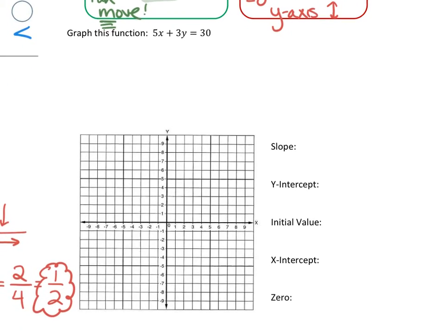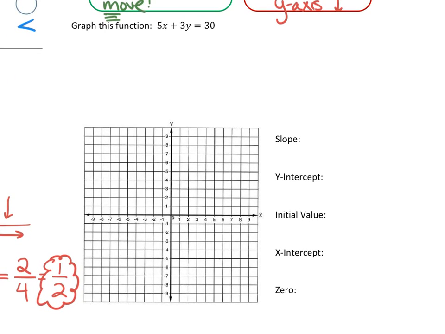Last example problem for today, we're going to graph this function. The first thing I want to know is, can I, right now, the way this is written, graph 5x plus 3y equals 30 with the skills you have? Well, we've been practicing graphing in slope-intercept form, which means we're going to need to solve this for y. Didn't we already practice this skill? Look, we get another practice problem. We're going to move the x term and then rewrite the problem. 3y equals negative 5x plus 30.